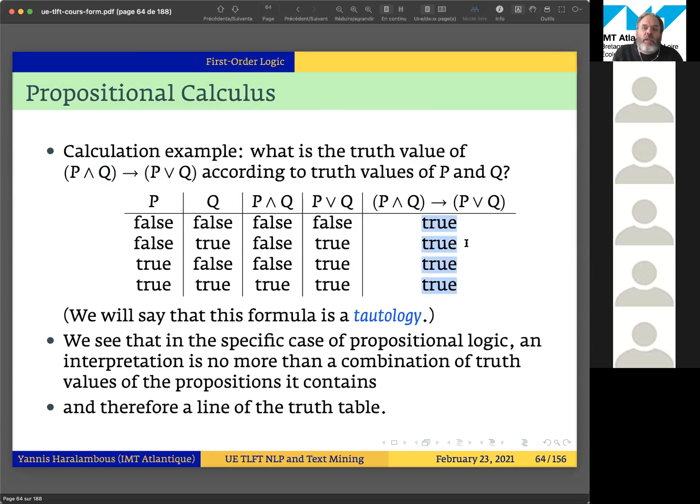Whenever I interpret, I can choose whether a proposition is true or false. But if I take this formula, I don't have the choice. It will always be true in all interpretations, and it's called a tautology.